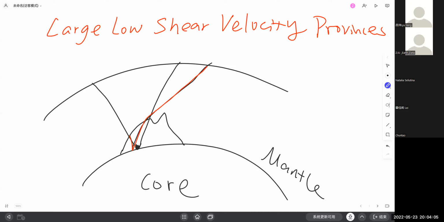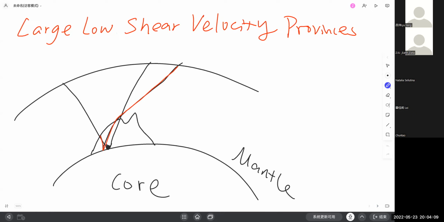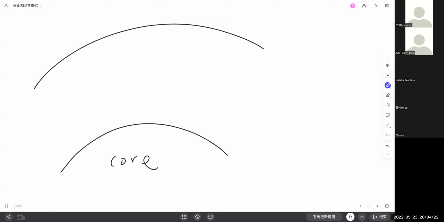Then people did more work, because seismologists looked at different regions of the Earth's lower mantle, and they found one beneath Africa and another one beneath the Pacific that has relatively low shear velocity.